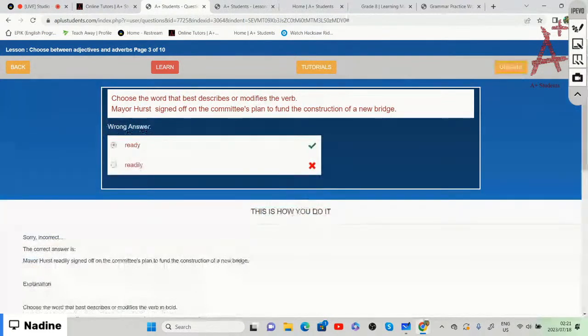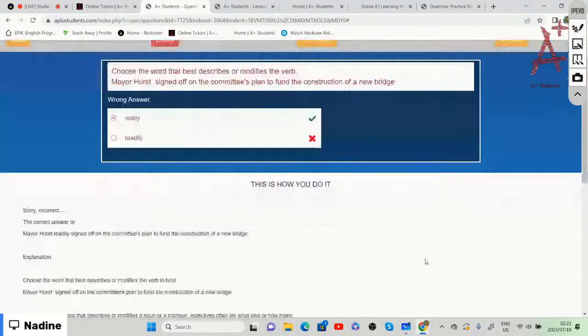So in this case, Mayor has ready signed off on the committee's plan to fund construction of a new bridge, right?